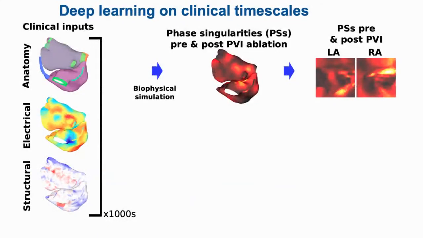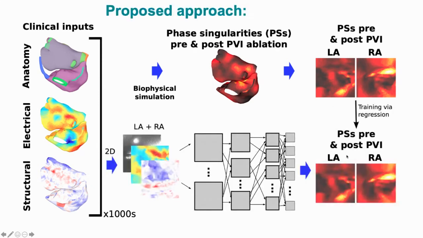The idea is we use our modelling pipelines, as we've spoken about, with different anatomies, different electrical properties for our calibration, and different fibrosis properties. We can have lots of different permutations of these, run simulations to predict where we have electrical reentries or phase singularities, and we can predict these before and after the ablation to also try and predict whether the ablation works.